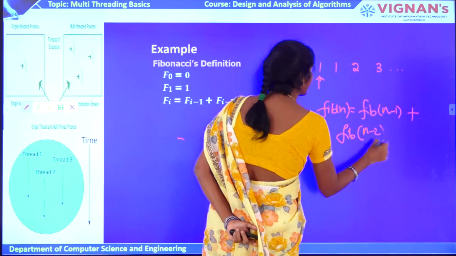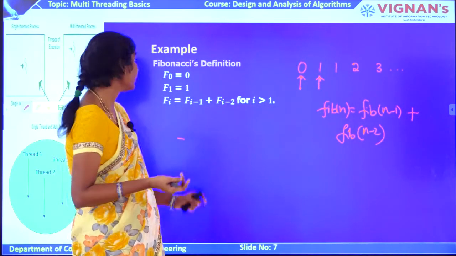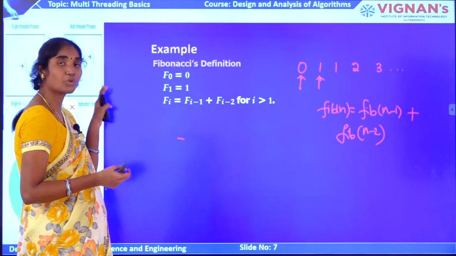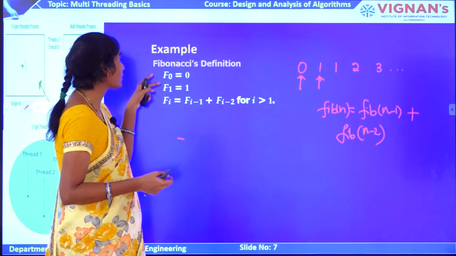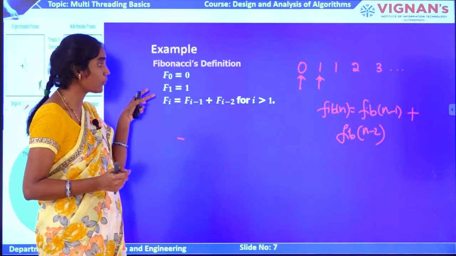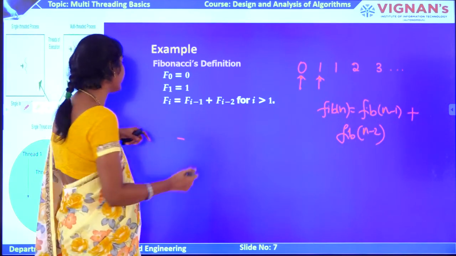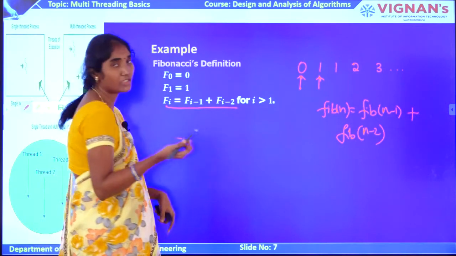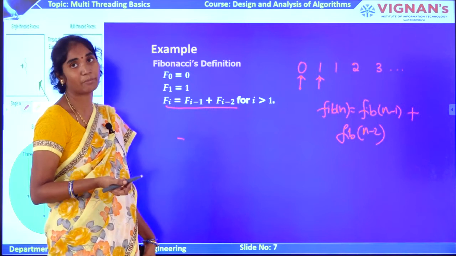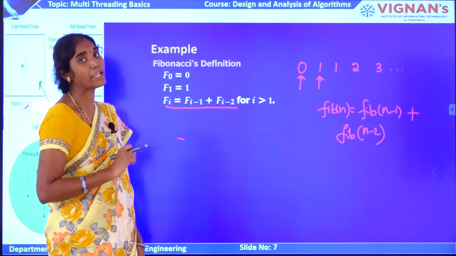The previous one and the one before it should be added to get the current one. So here f0 is equal to 0, which is the 0th term, and f1 is equal to 1, the first term. The next fi can be obtained by taking fi minus 1 plus fi minus 2, that is fib of n minus 1 plus fib of n minus 2. This is the classical definition of the Fibonacci sequence.